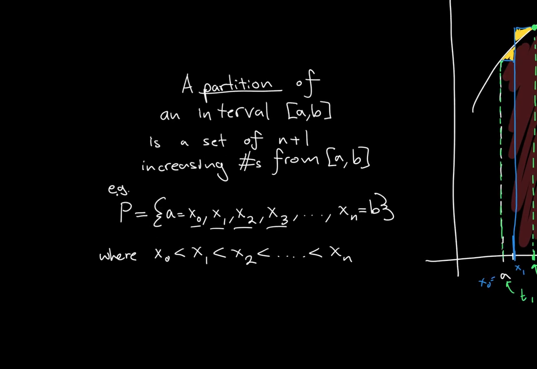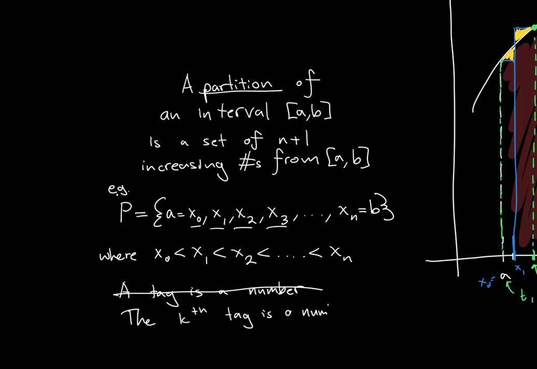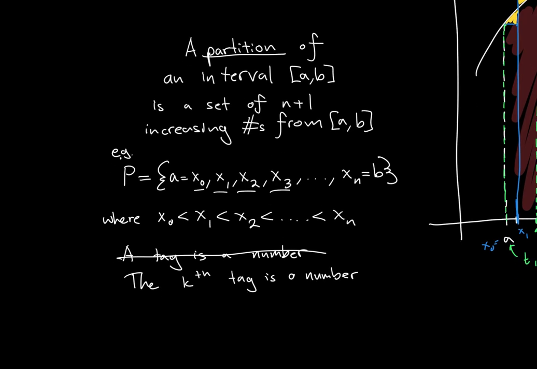And a tag is a number where the rectangle's height is taken. The kth tag is a number in the kth interval.